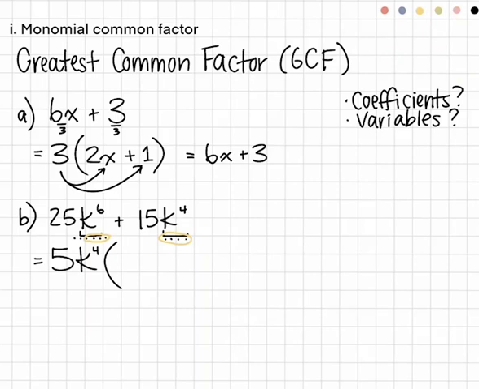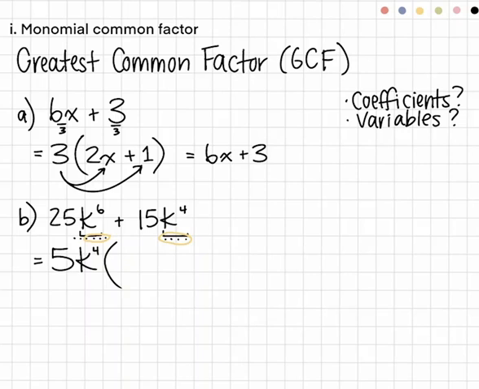And now we're going to see what's remaining. So let's do the same thing we did in A, which is divide. Let's do the coefficients first. 25 divided by 5 is 5.